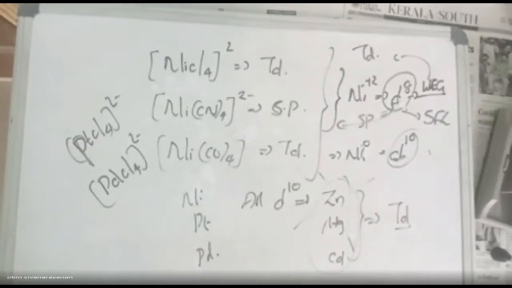So the size that we expect is obviously larger than the actual one because of this lanthanide and actinide contraction. We are expecting a size of x and the actual size is y. This y is less than x. That is why this lanthanide as well as actinide contraction is coming out.